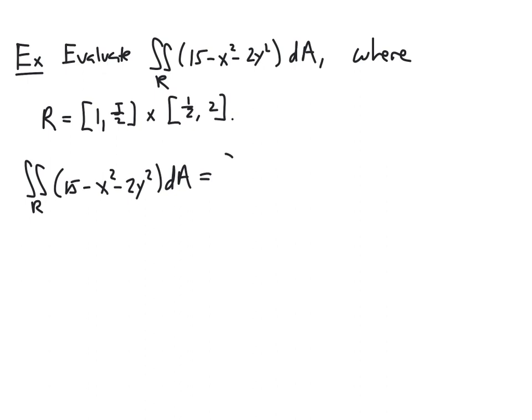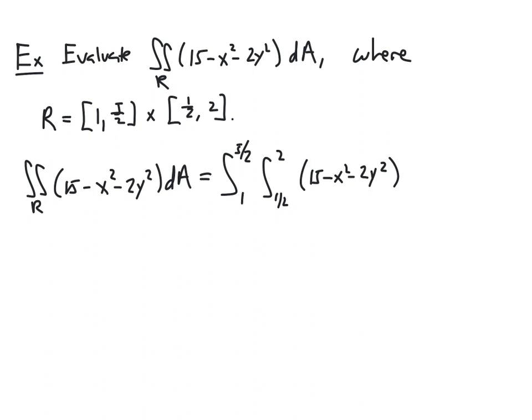And so I'm going to do, on the outside, the integral from 1 to 5/2, and on the inside, the integral from 1/2 to 2, of our function 15 minus x squared minus 2y squared. And then what we have to watch out for is we have to make sure we have the differentials in the right place.